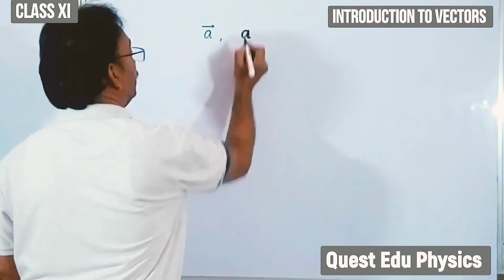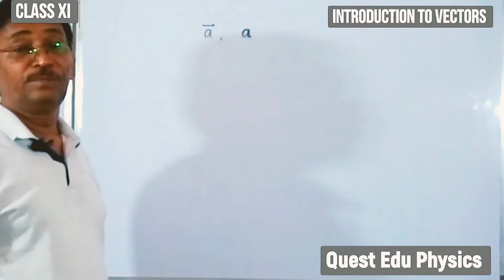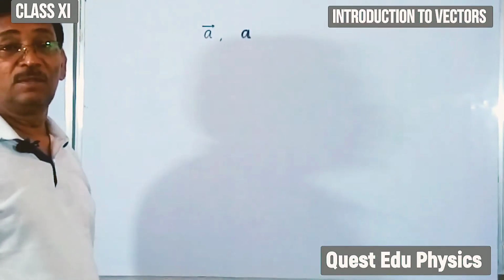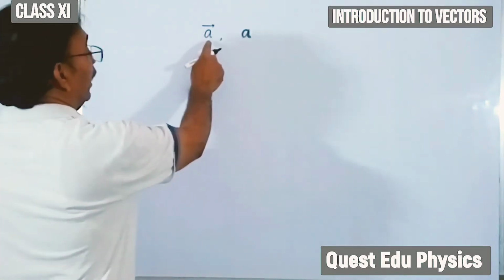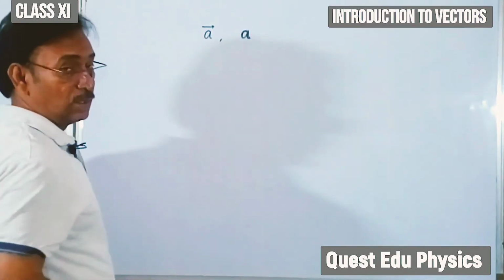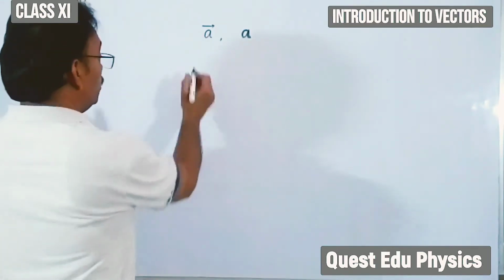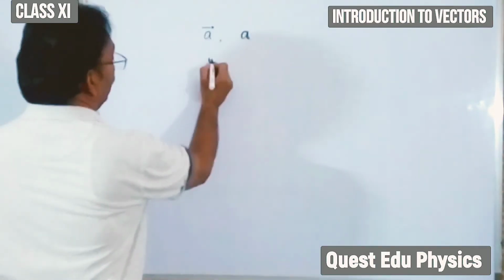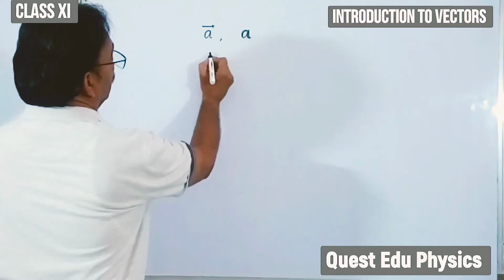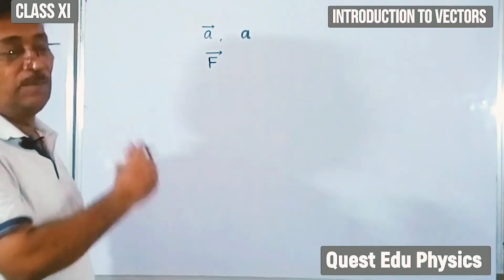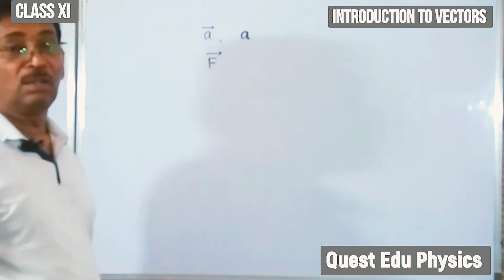If anything is represented with a thick letter, it is the vector. Generally, in foreign books, we will get such kind of print. Here, I said a vector is represented like this. And if you take a physical quantity, let it be the force. If you want to write the force is a vector, I have to put a bar on. And what does it mean? What is the meaning of the bar?